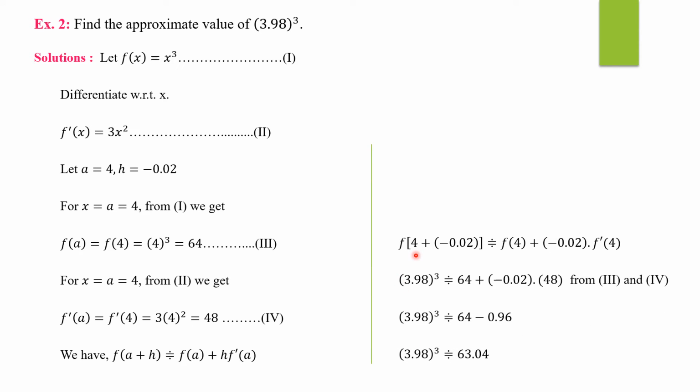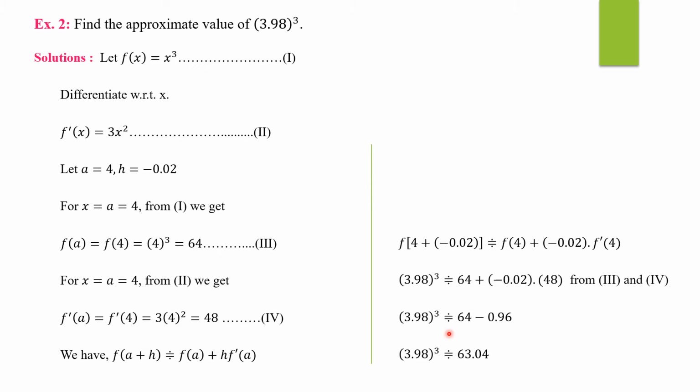Therefore, put the value of a and h, f(4 + (-0.02)) ≈ f(4) + (-0.02) f'(4). Then the function f(4 - 0.02), that is f(3.98), means 3.98 cube, equals the value of f(4), 64, plus (-0.02) into the value of f'(4), that is 48.